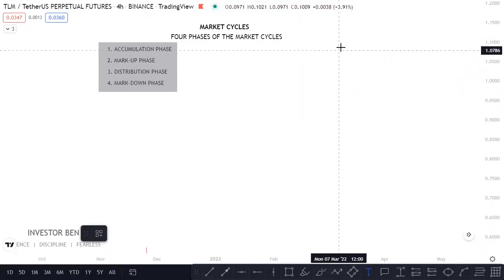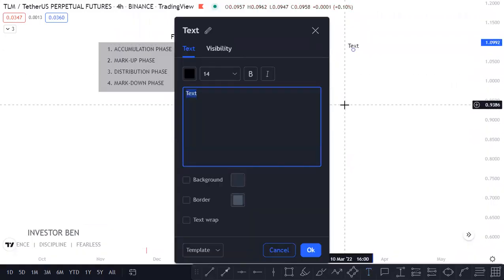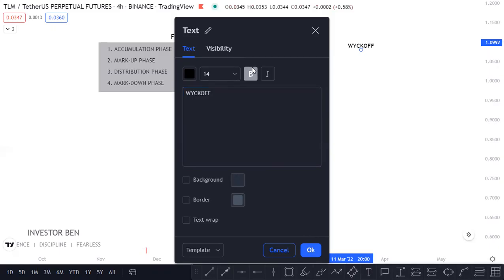You might have heard of Wyckoff pattern, Wyckoff strategy, or Wyckoff trading strategy, things that have to do with Wyckoff. He was the person that invented these market phases that we are currently trying to use, telling you how the market moves in phases.